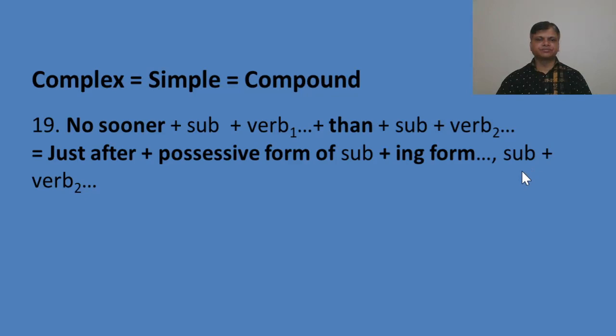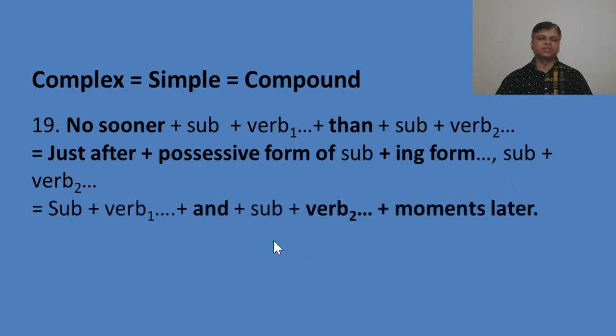So the compound will be: you have to use the subject and verb, that is the first portion of the sentence, the first clause, with subject, verb 1 and the rest of the sentence.